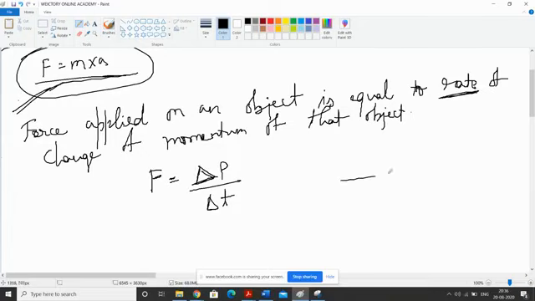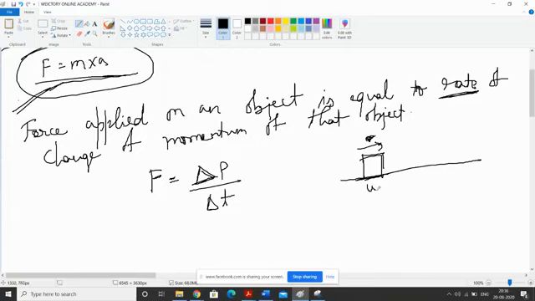If there is an object here, and we are not applying any force, it will stay over there. If it is moving with a constant speed, it will keep on moving with a constant speed unless we apply a force on it, and that force will increase or decrease the speed depending on which direction we are applying the force, right? So if we apply the force, its momentum changes.